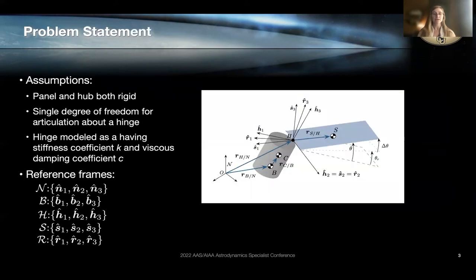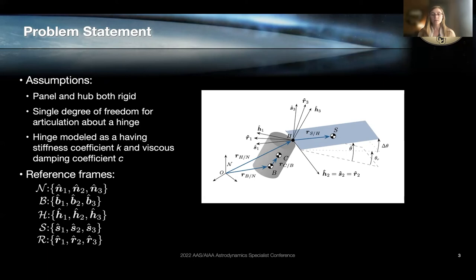Looking at how to set this up, we're making a set of pretty strict assumptions. First, the panel itself has to be rigid, so there's no flexing within the panel. In addition, we have a diagonal inertia tensor, an inertia matrix form of the tensor in the panel frame itself. The way we set up and define this panel frame, we need it to be diagonal in that frame.